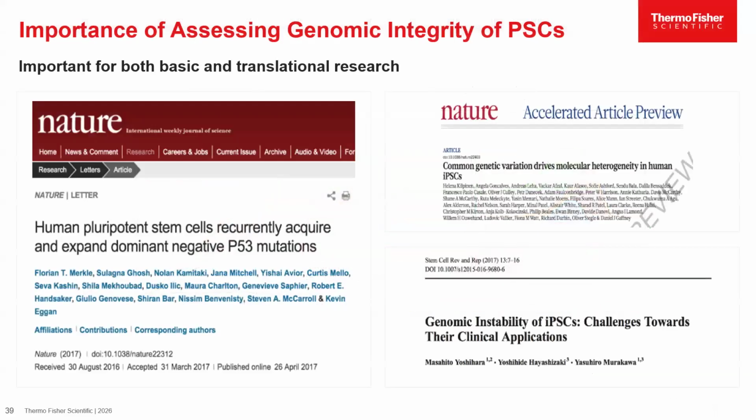But again, I wanted to bring this up specifically because assessing the health of your cells or their genomic integrity is really, really important, right? This is going to be a topic that we're going to come back to over and over again during culture, after gene editing, where these cells are potentially stressed out is where we worry about them, right?